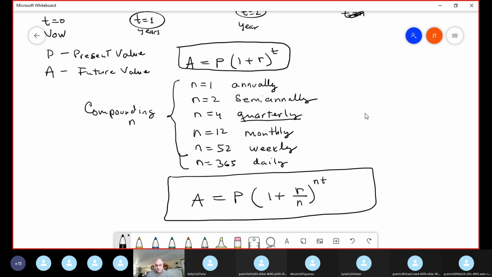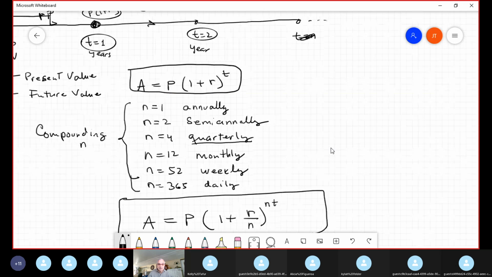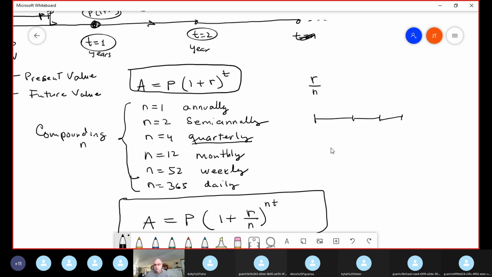Okay, let me explain in detail. Little r is the annual percent rate. You have different periods inside the year, so you divide the interest by N, but you increase the number of periods. T is equal to the years. Suppose we have 5 years: 1, 2, 3, 4, 5 years.